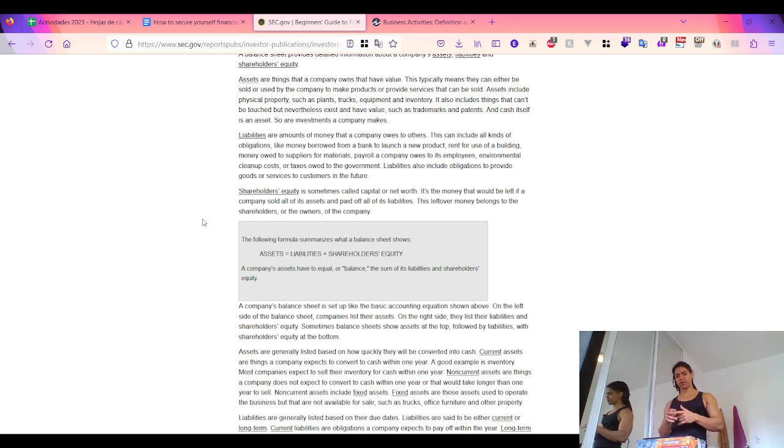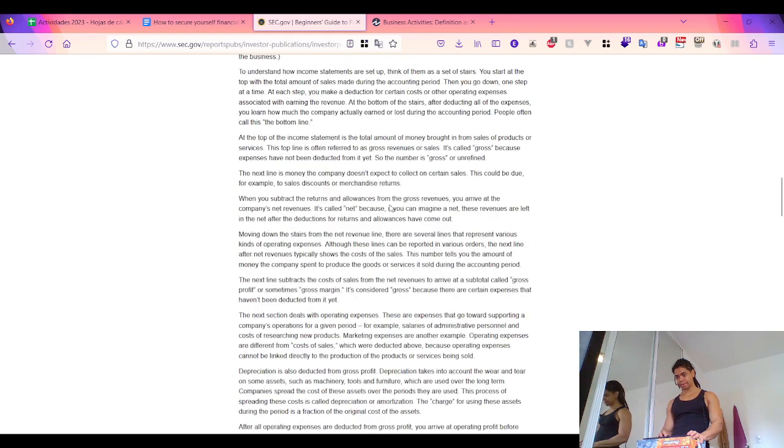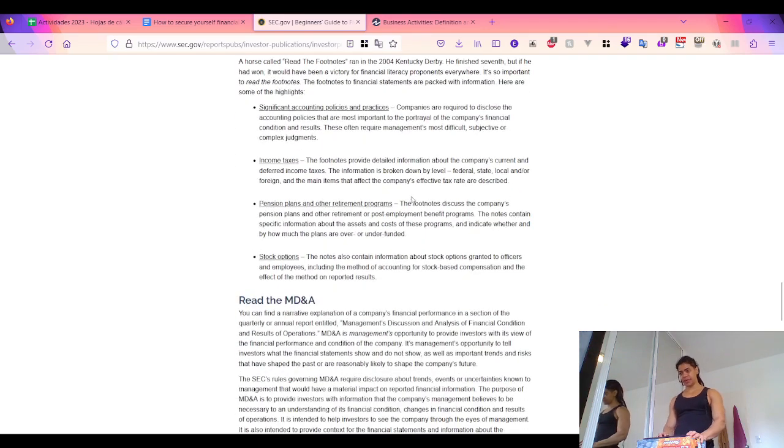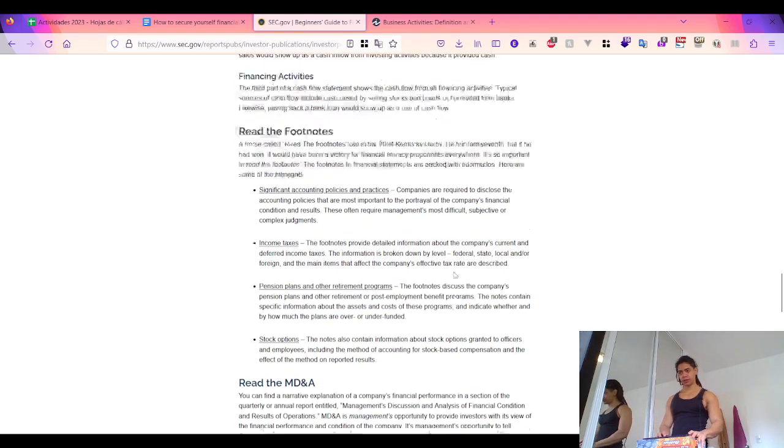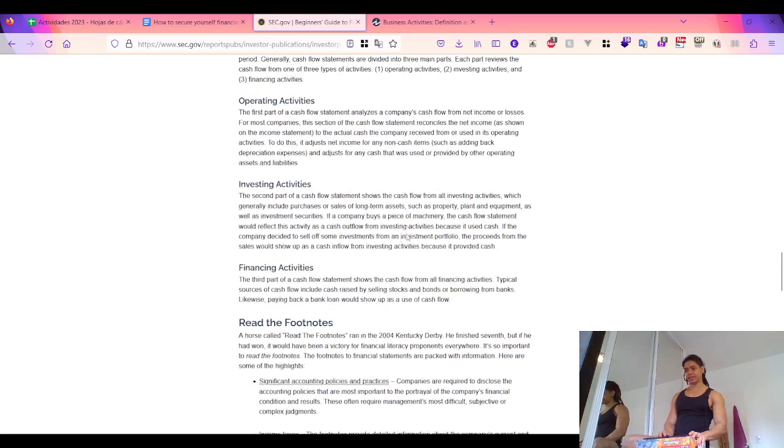Okay, so for the operating activities, the whole point is to look at the net income and reconcile that with any cash that was used from any operating activities, whether it's liabilities or assets. But basically, it is this.